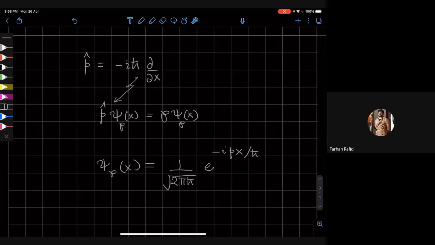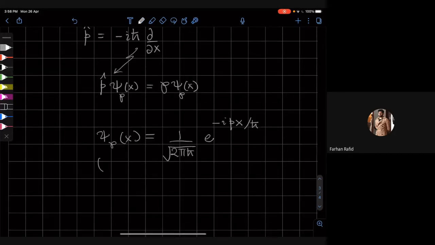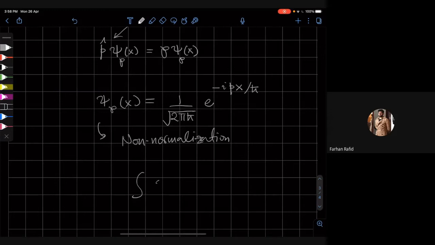These are also non-normalizable vectors. Okay, what does it mean? It means very easily, if you take psi of p and try to find its norm, you get a constant, an infinity, right?